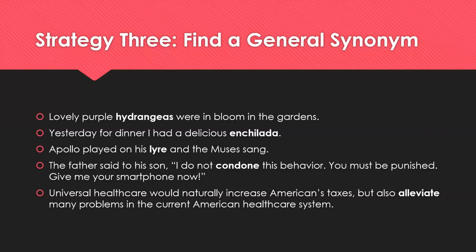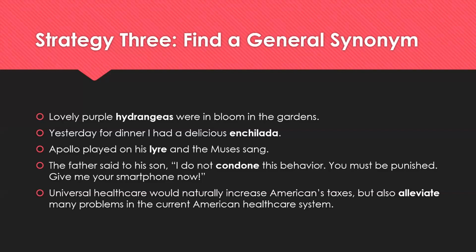Okay, next one. The father said to his son, I do not condone this behavior. You must be punished. Give me your smartphone now. Okay, good. So we've got a good variety of answers here. Allow, accept, like, tolerate. Excellent. And what are the clues that you know that that's what that means?